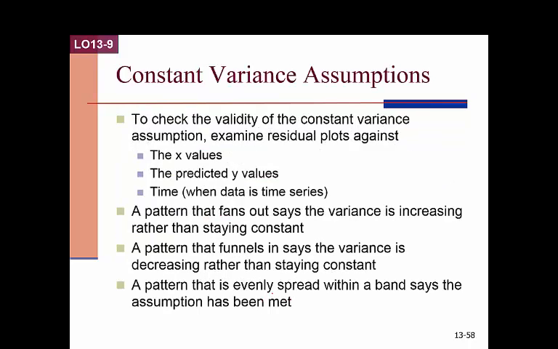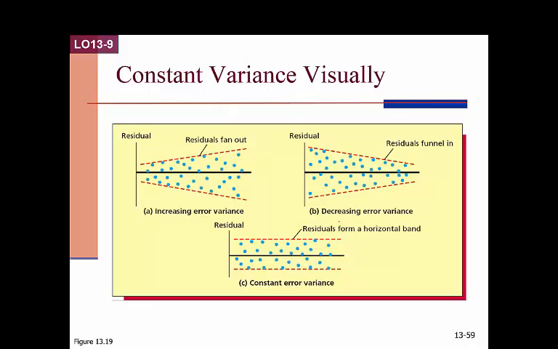For constant variance, if you see a pattern that funnels, right? If you see a pattern that funnels, then you might want to try to transform the data, right? If it does something like this, it funnels outwards or it funnels inwards, then there is an increasing error over the different x values, or there's a decreasing error over the different x values. You may have to transform the data. Ideally, you want this, right? Constant error variance.